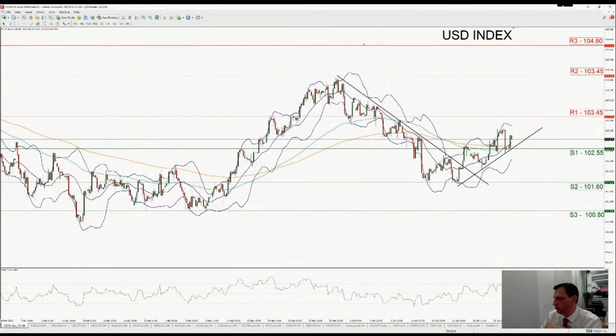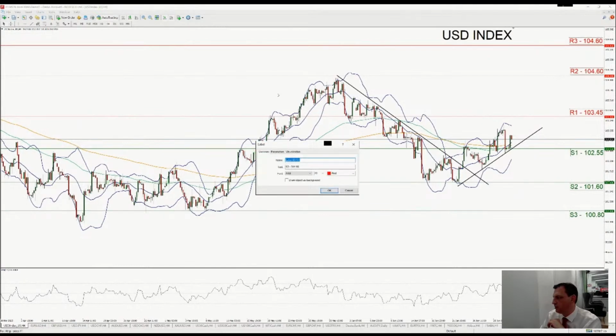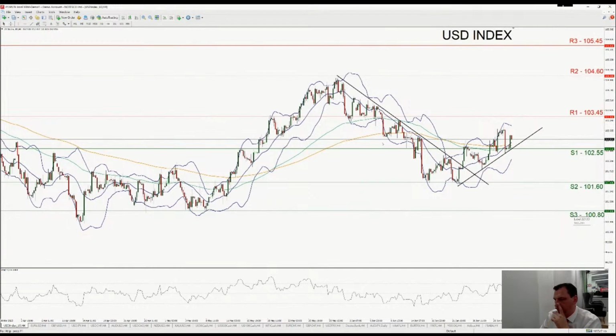R2 at 104.60. And the R3 at 105.45, as we have mentioned before. Everything locks in. And now we have a clear picture of what's happening here.